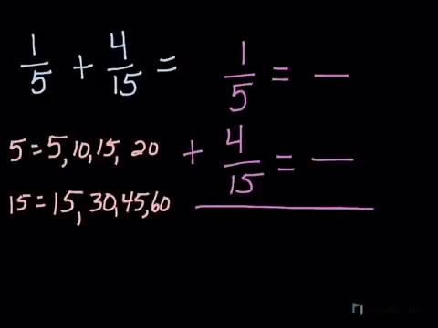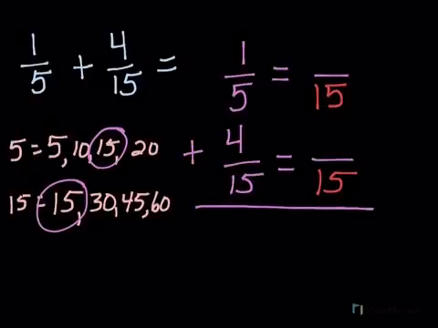I could keep going if I wanted. What I'm looking for is the smallest number that they both have in common. Here I see 15, and here I see 15. So I know my denominator for my equivalent fractions is 15.